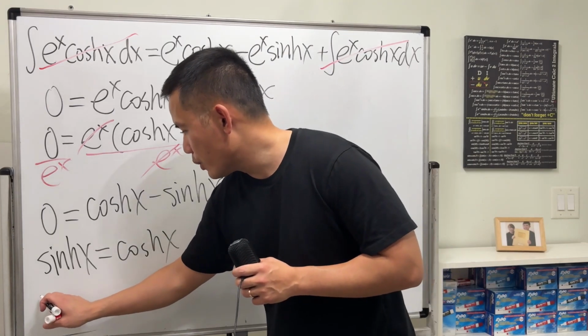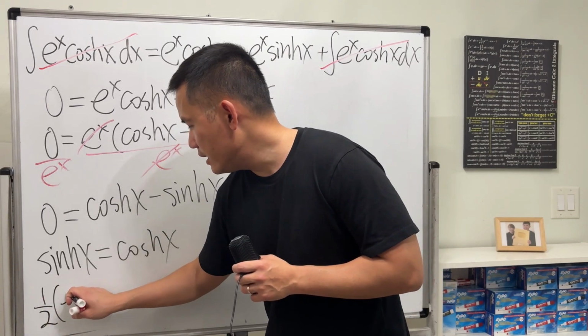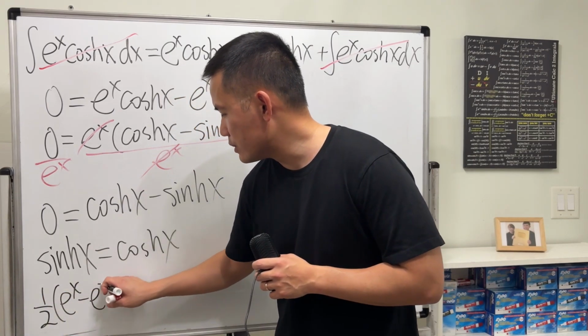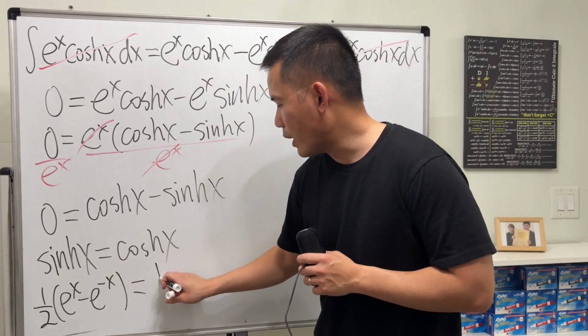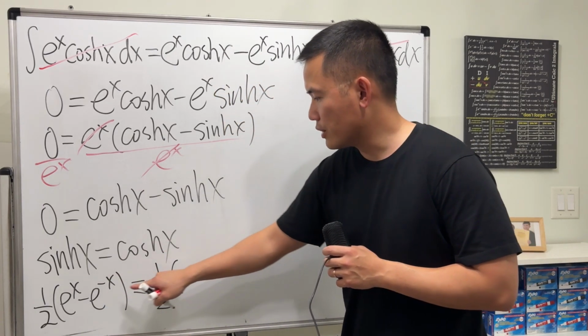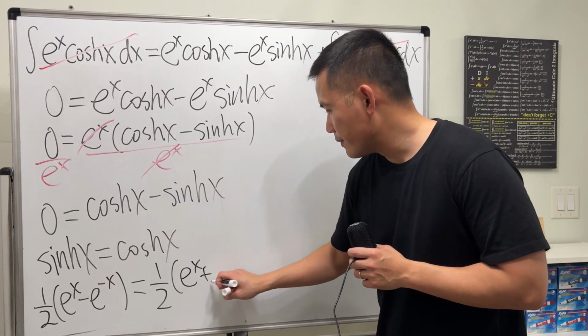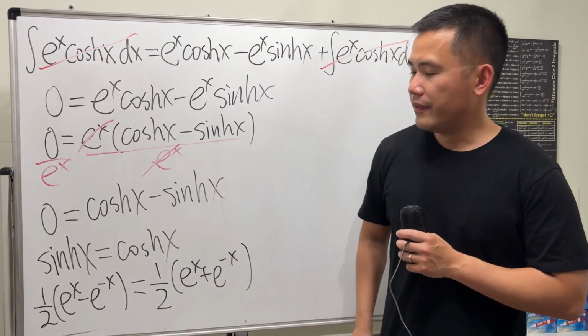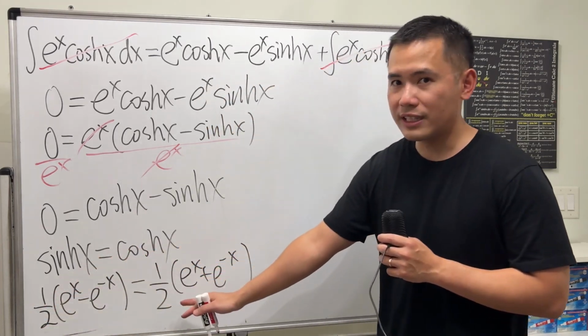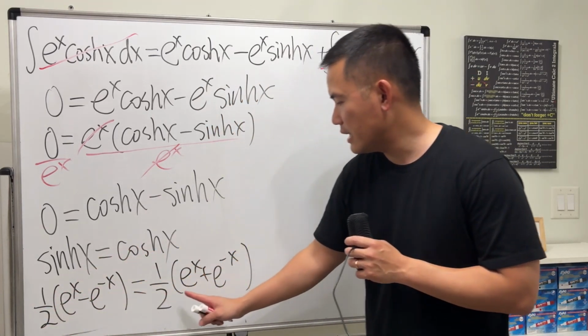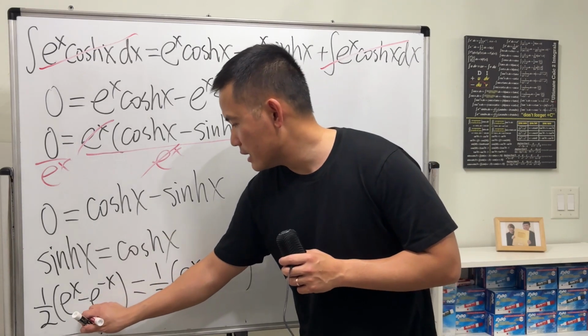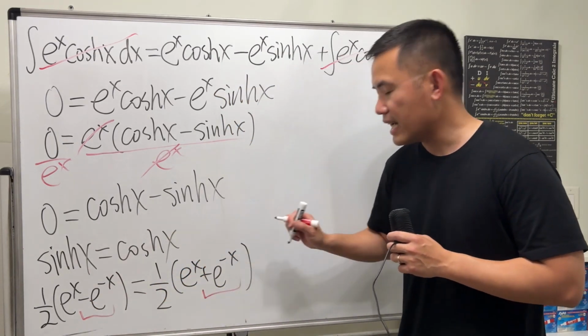This right here is equal to 1/2 (e to the x minus e to the negative x). And that's equal to 1/2 of this right here, which is pretty much the same thing, but with a plus in between. Now we can get rid of the 1/2 on both sides, and notice we can also get rid of this and that on both sides, so that means this has to be the same as that.